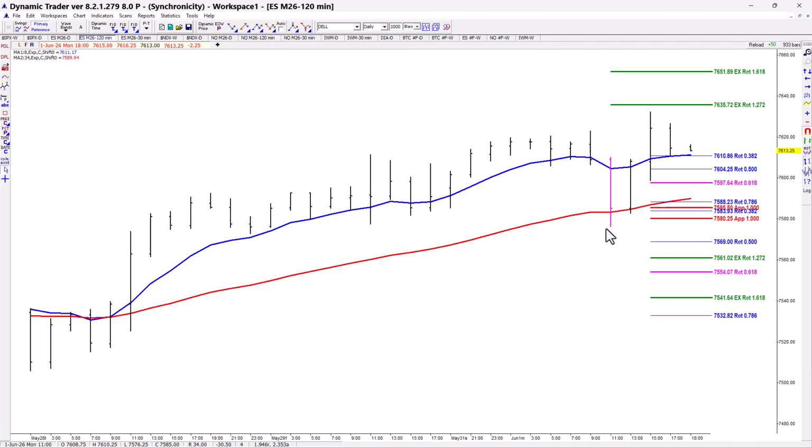Being that we're in a place where we could terminate the move, the first indication that we might get at least a deeper downside correction would be a break of this prior swing low here, which comes in at 75.76 1/4.